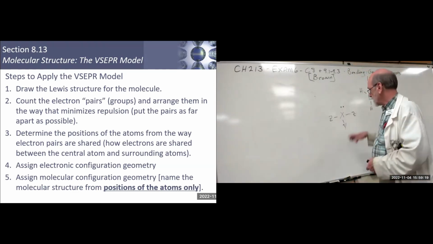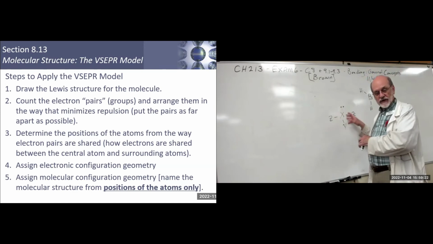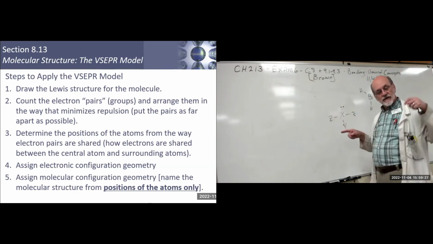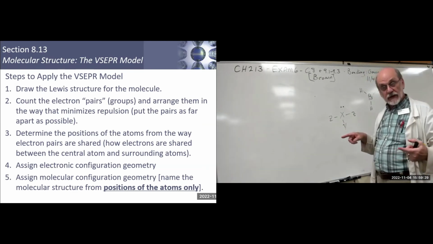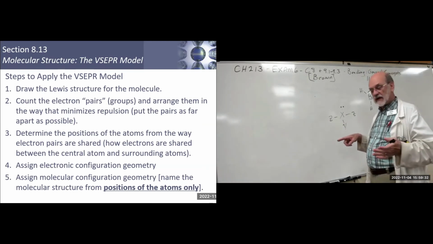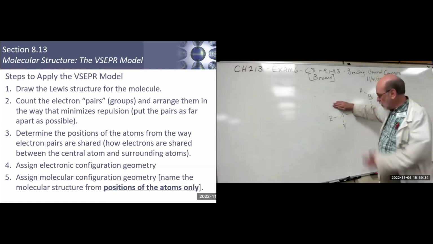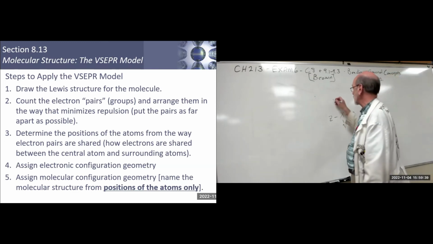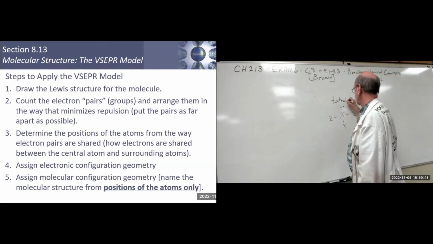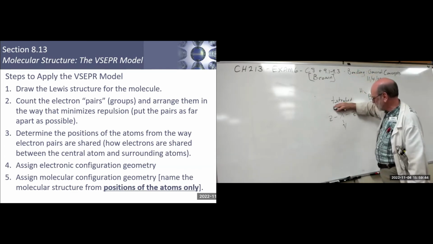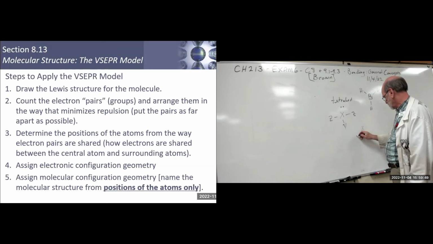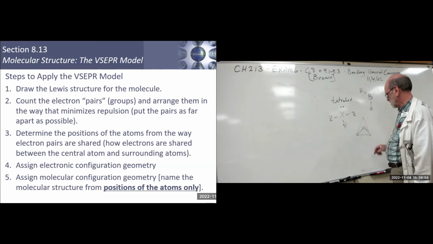That gives you the electronic geometry, because sometimes you have lone pairs in there. If you want the molecular geometry, which we usually do, then you just cover up the lone pairs and say what's left over, right? In this case, 4 groups means tetrahedral. But if we cover that up, then we get X in the middle, and we get our tetrahedron right here.